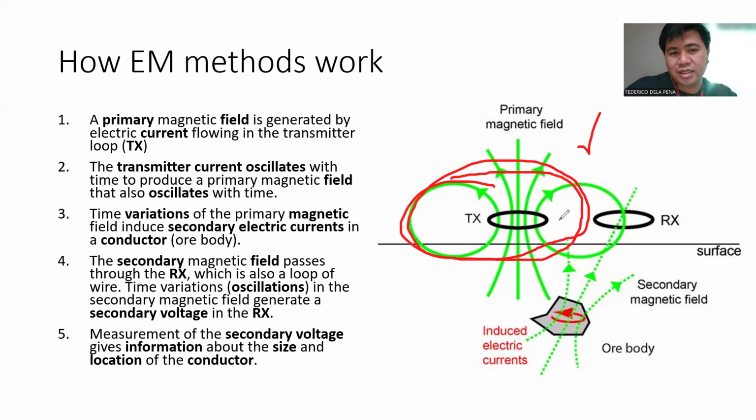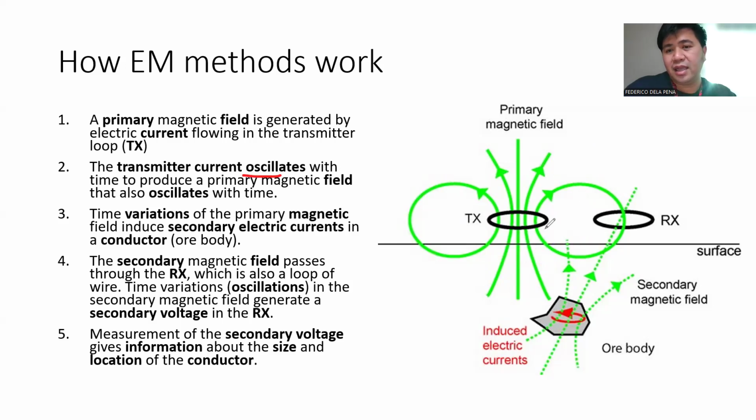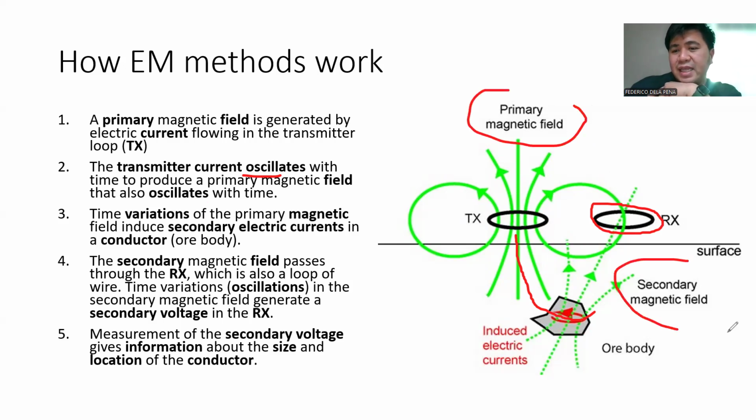And then what they do during the survey is they simply oscillate the magnetic field. And as this oscillates, what they're going to read now is the sum of the magnetic fields of the primary and the secondary.